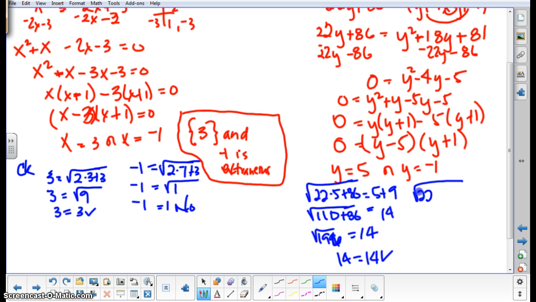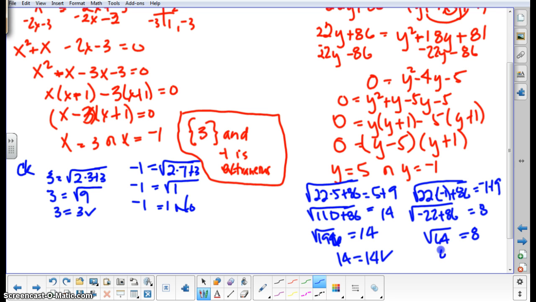So let's check the other one, which is negative 1. Square root of 22 times negative 1 plus 86 is equal to negative 1 plus 9. I wonder if this is going to come out. Negative 22 plus 86 is equal to 8. Negative 22 plus 86, I believe, is positive 64.